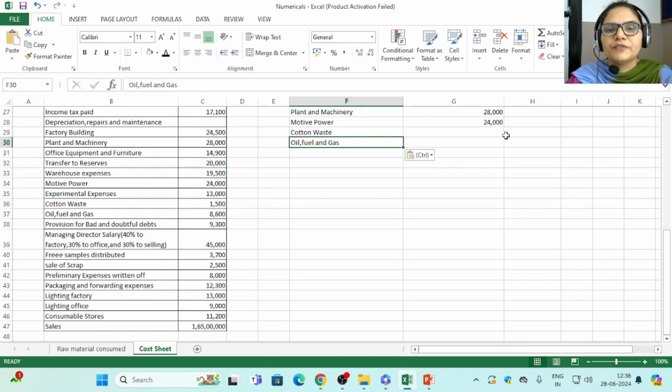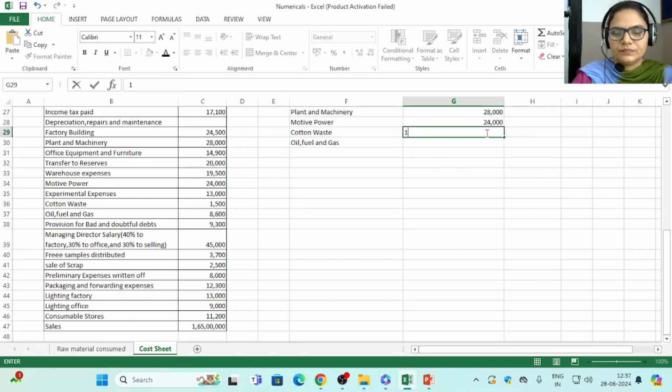Cotton waste 1500 rupees. Oil, fuel and gas 8600 rupees.